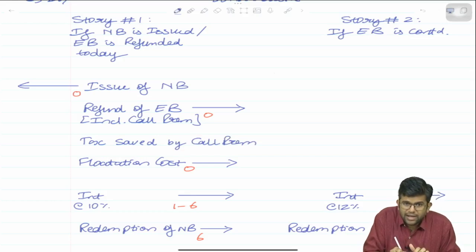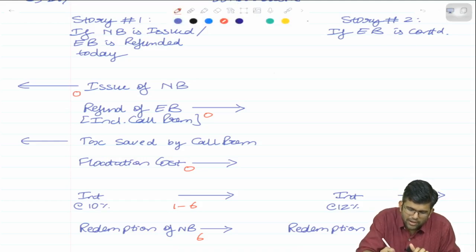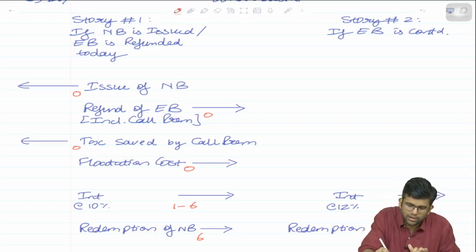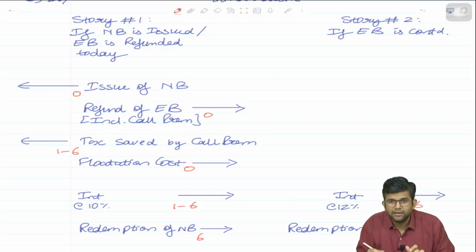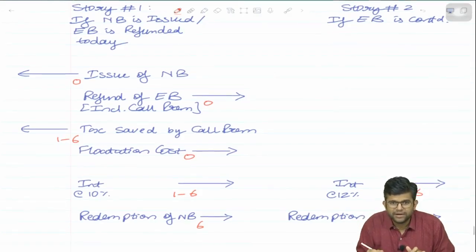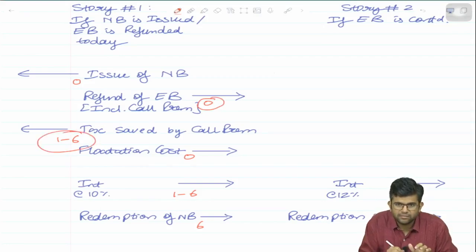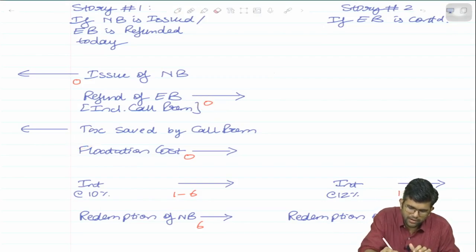A tax saving, can I say, will be considered as an inflow. Everybody, are you all there? A tax saving will be considered as an inflow, and that, do you realize, will also happen at end of year 0 only. If it was to be amortized, I would have written like this. Please check, everyone. If it would have been amortized, I would have written it like this. The premium is being paid today only, but the tax I would have got over 6 years. Correct? But here I will write 0.